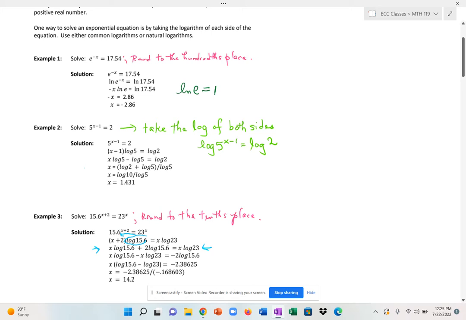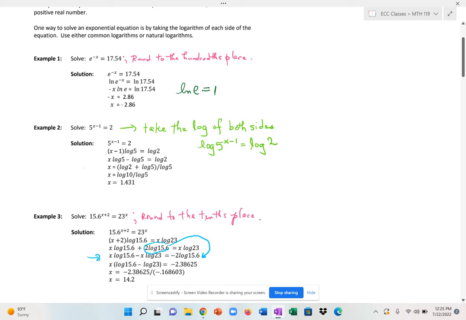the log of 23. So I need to get the two terms with x's on the same side. So what I did was I subtracted this expression over to the left, so you get the next line, x log of 15.6 minus x times the log of 23. And then I moved this number over to the right to get it separate from the expression with x.